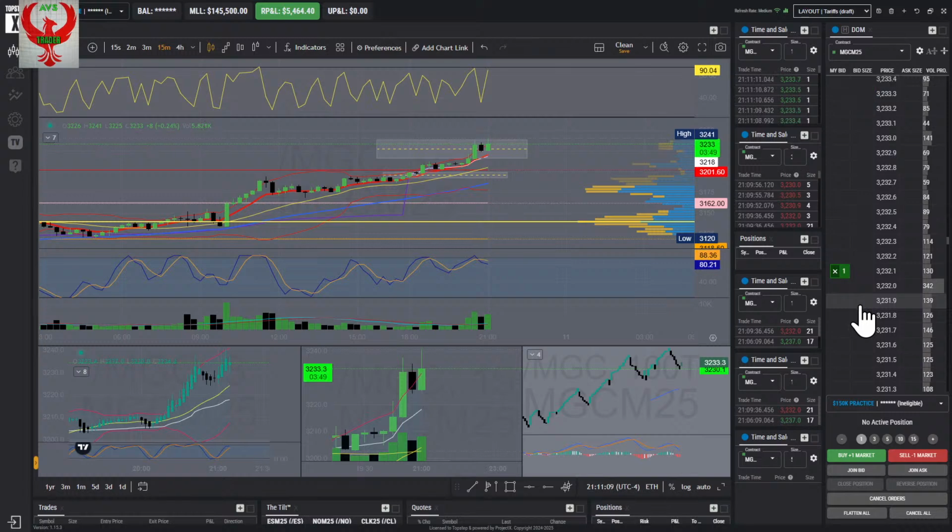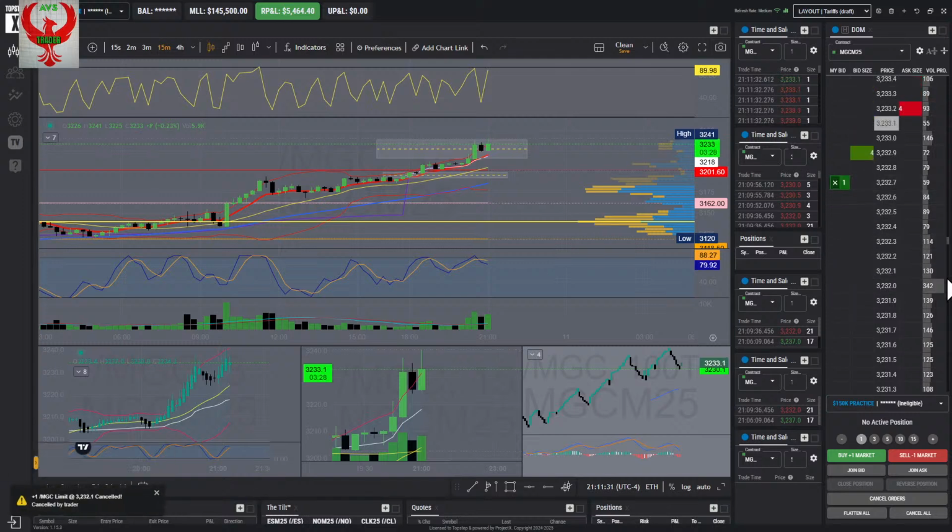It's a little scary, but we are finding some support. Look at these buyers stepping in now. Did we bottom for the slow market session? Is it temporary from this New York session pivot right here? It's looking like it. We came down and we tested this pivot, and now we're starting to find some buyers.